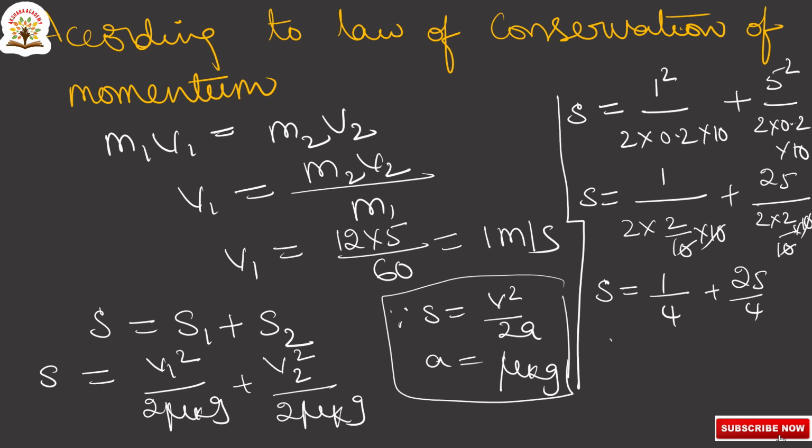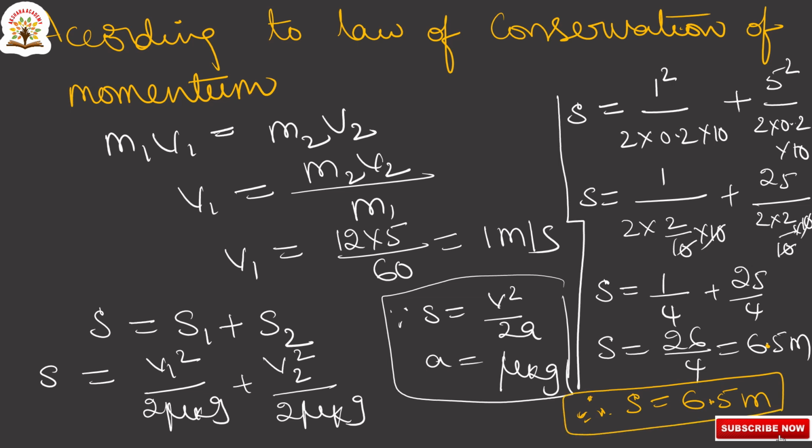Now S is equal to 25 plus 1, 26 by 4, so that is equal to 6.5 meters. Therefore the final answer S is equal to 6.5 meters. Okay, this is the final answer. Okay, thanks for watching this video.